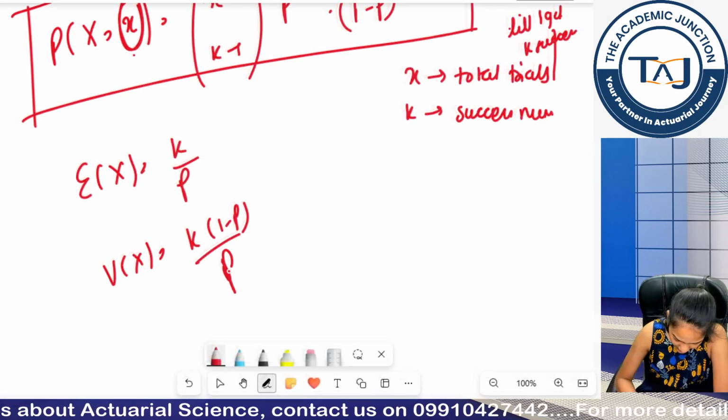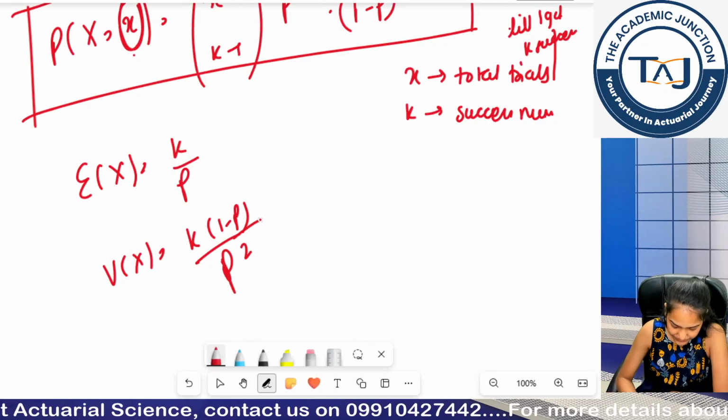Yes, this was k into 1 minus p by p square.